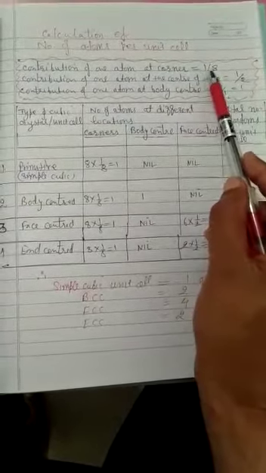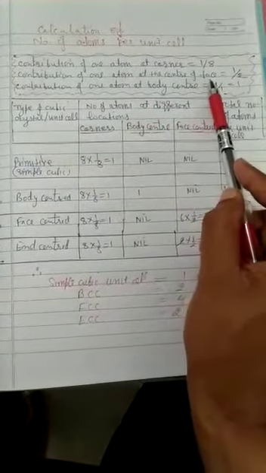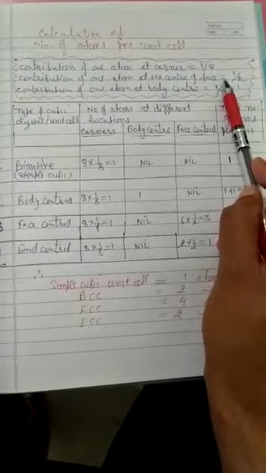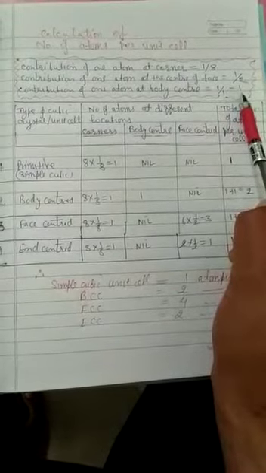Contribution of one atom at the center of the face: one atom at the center of the face is shared by 2 unit cells. So its contribution is 1 by 2. And contribution of one atom at the body center is 1 because there is only one center of the body.